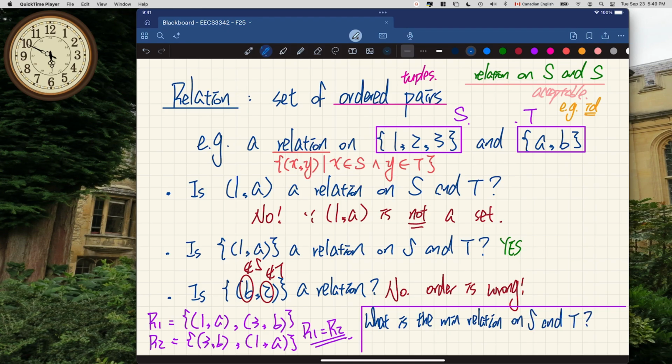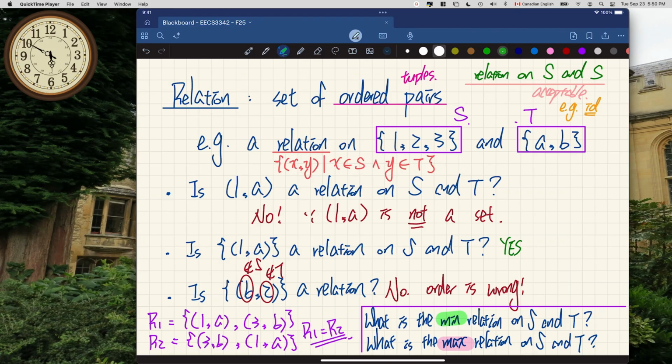Think about it. And then also, what is the maximum relation on S and T? Each one of them should be a set, basically. So we talk about maximum right here, and also minimum.